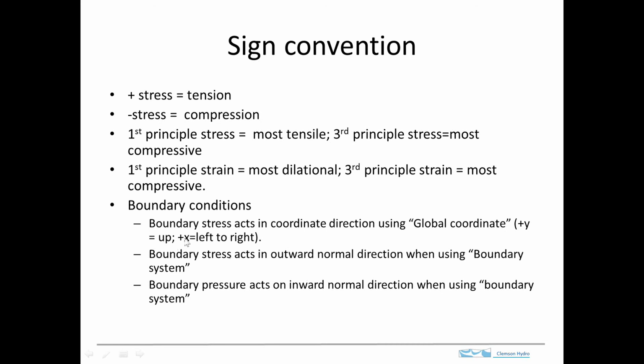Okay, so we can specify the boundary stresses using a global coordinate, but it's also possible to specify the boundary stress using what's called the boundary system. This is just a simple switch in the software. You can change it, and if you use the boundary system, then the convention is that the vector pointing outward, normal to the boundary, is positive.